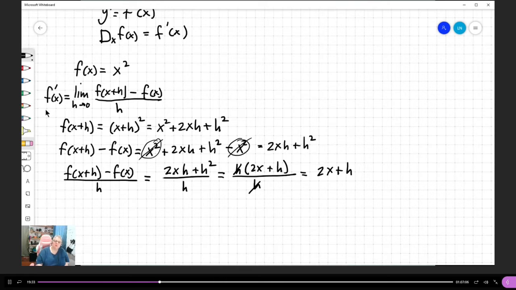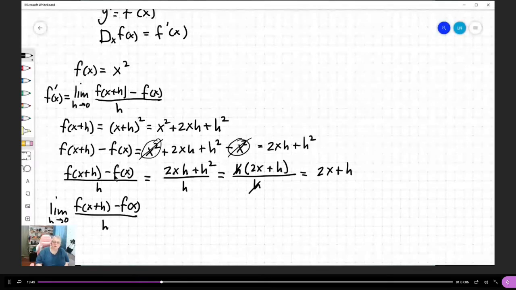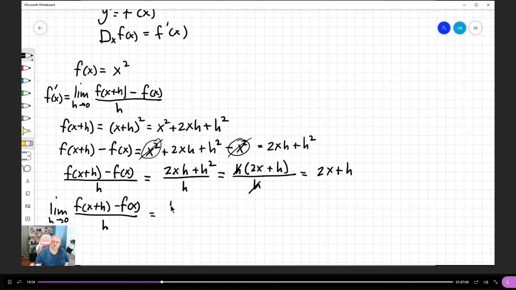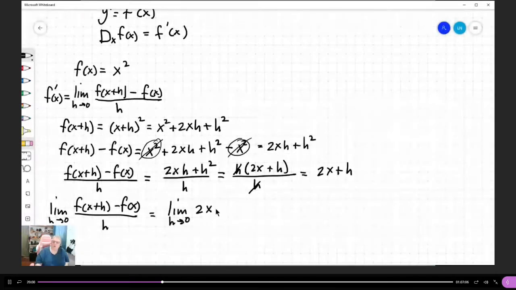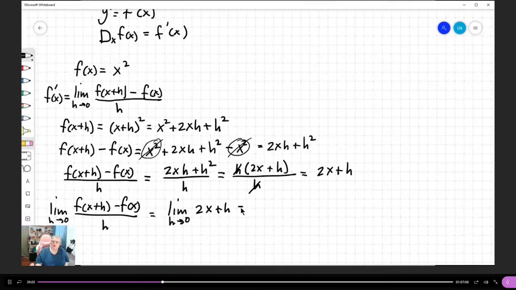So the last thing I need to do to find the derivative is take the limit. So now the limit as h goes to 0 of f of x plus h minus f of x all over h. Well, this is this, which is this. So that's going to be the limit as h goes to 0 of 2x plus h, right?